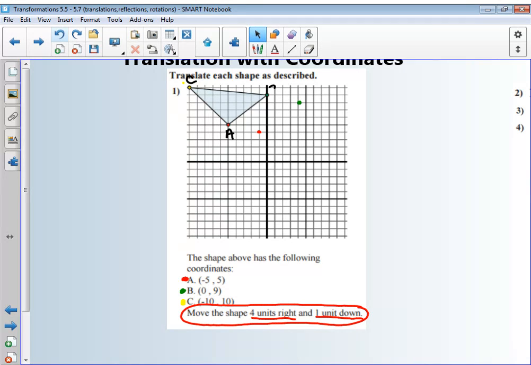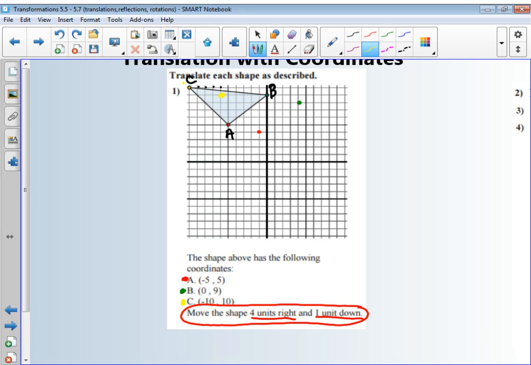Okay, so if I wanted to move my C, I could do the same method that I had done earlier and just count out. So I need to go over 4, 1, 2, 3, 4, and then down 1. So this is where my C would now be.